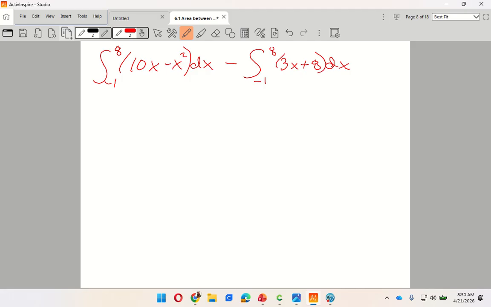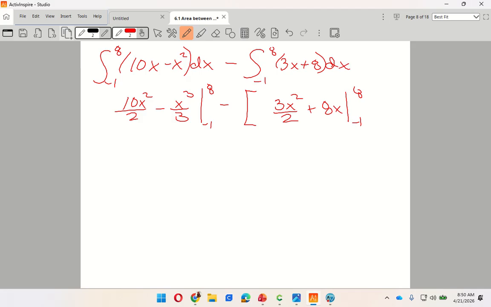Right here, that's going to be 10x squared over 2 minus x cubed over 3 from -1 to 8, minus the bracket, 3x squared over 2 plus 8x from -1 to 8.